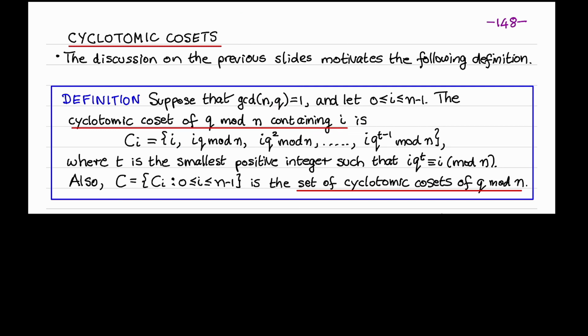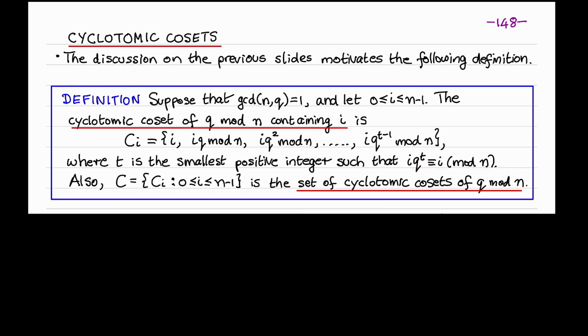So we have i times q mod n, i times q squared mod n, and so on up to i times q to the t minus 1 mod n, where t is the smallest positive integer such that i times q to the t is congruent to i modulo n.